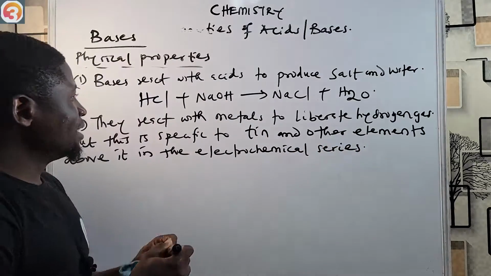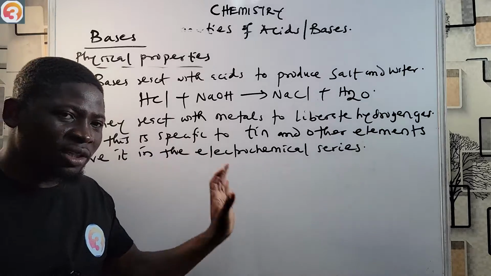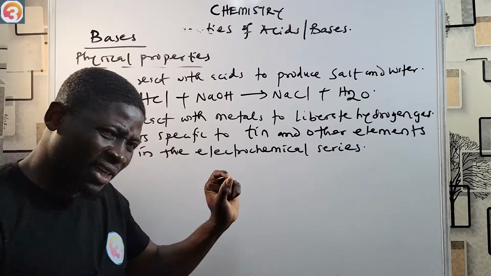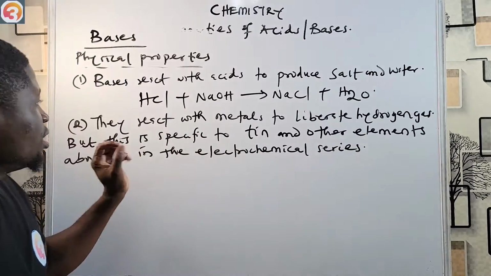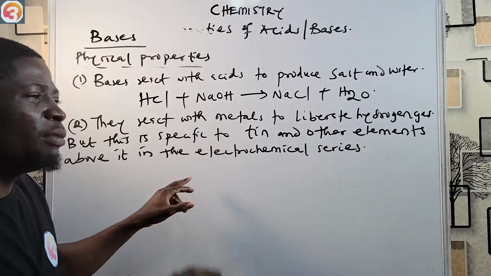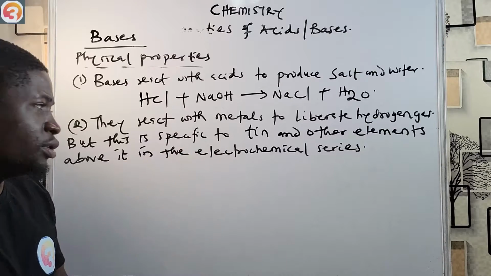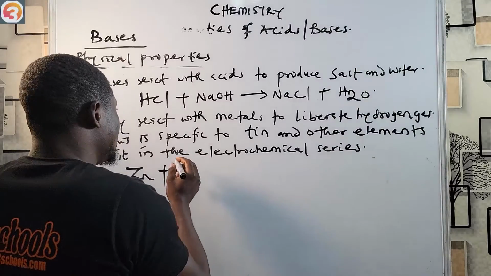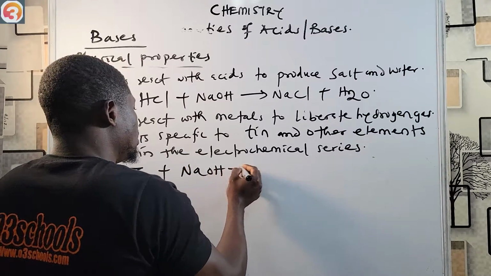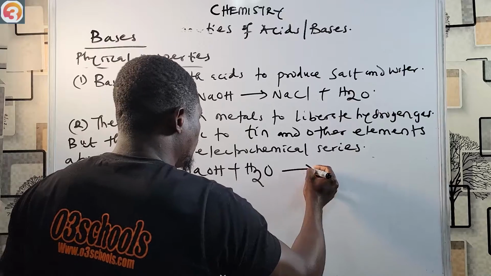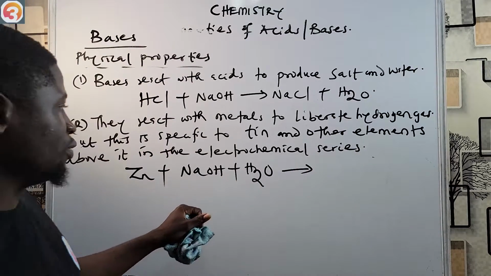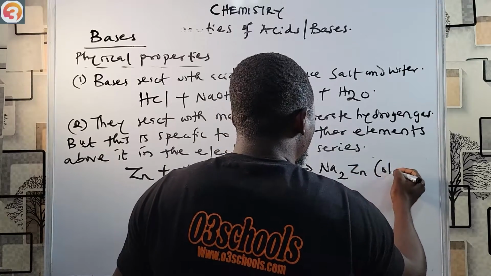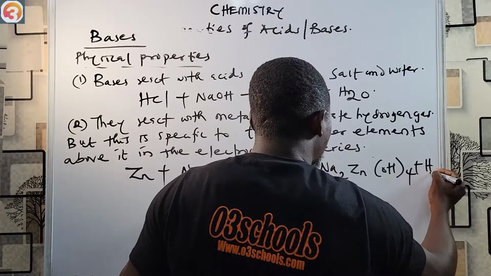So bases also liberate hydrogen gas when they react with metals, but it is special, for tin and other elements above tin, like zinc. For example, if you have Zn reacting with a base like NaOH in the presence of water, H2O, this will give us Na2Zn(OH)4 plus H2.